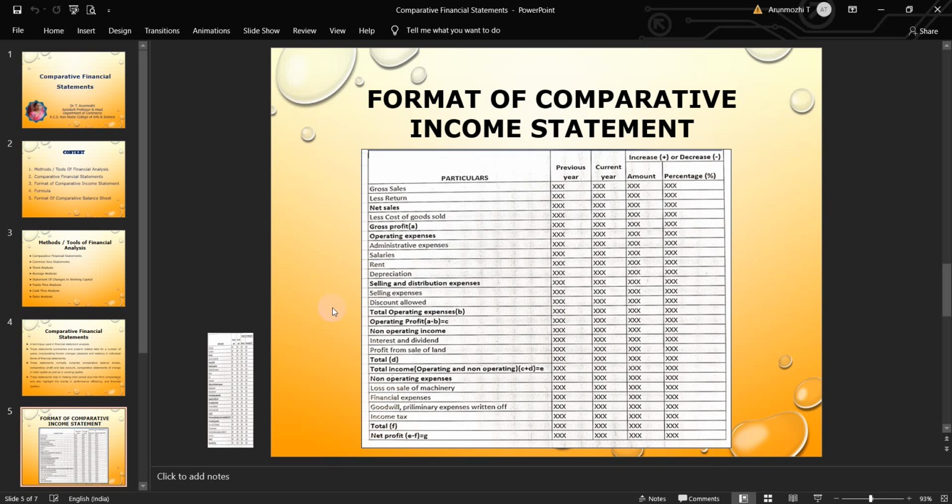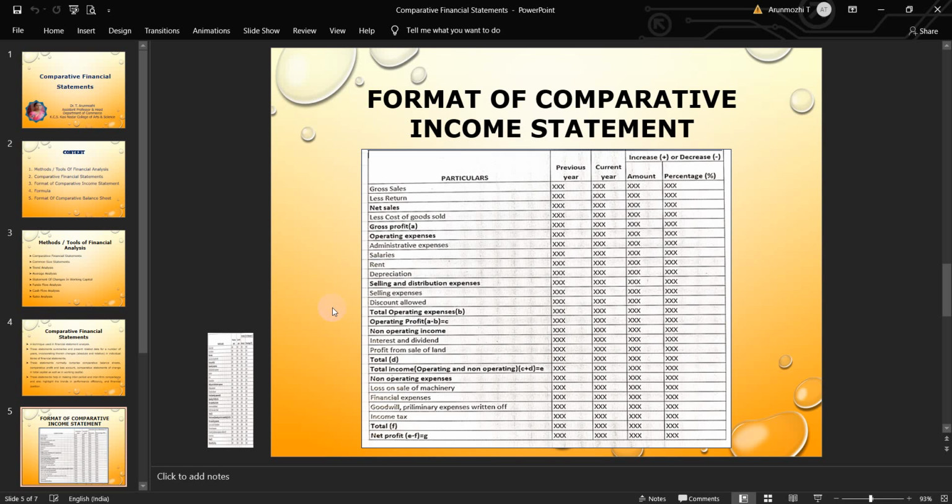I repeat, the difference between the increase or decrease in various items of cost, expense and income over a number of years or at least 2. While comparing the previous year's figures with the current year's figures, the previous year's figures have to be taken as base for calculation of increase or decrease in percentages.